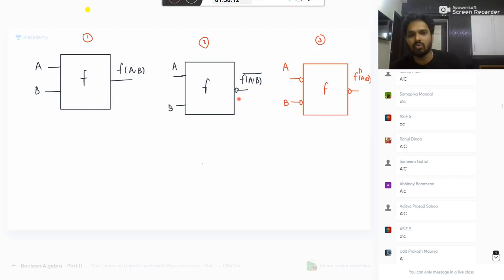How to get, yes, Rishikesh, for third case, both input and output are complementary.